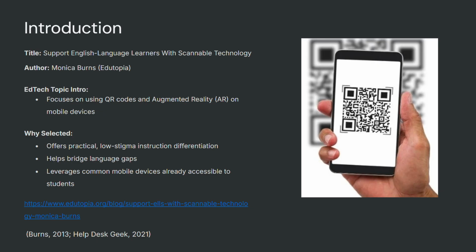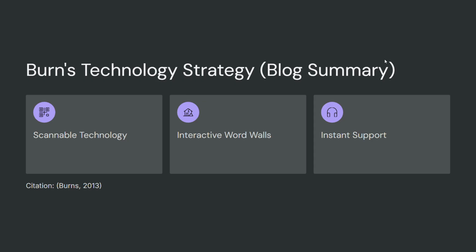It also helps bridge the massive language gap that many teachers have with English language learners. And the best part is that it uses devices that many students or the school already have, like smartphones and tablets, because we're mainly talking about QR codes and augmented reality codes here, which are accessible with our phones and tablets anyway. So let's look at the actual strategy, the core idea behind scannable technology.